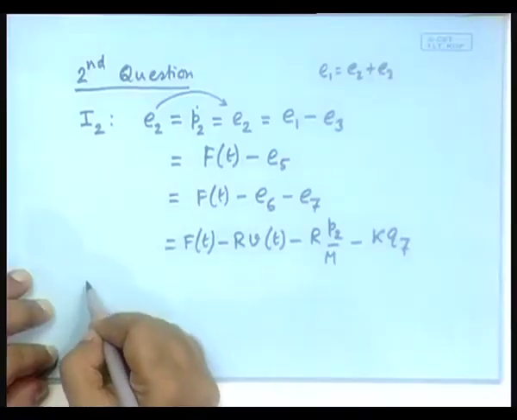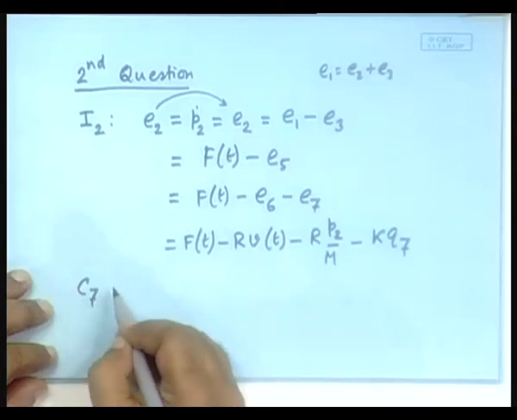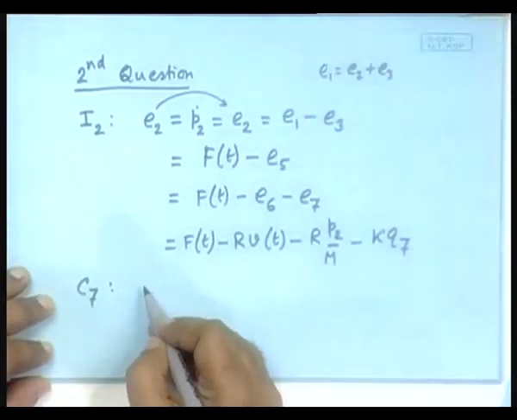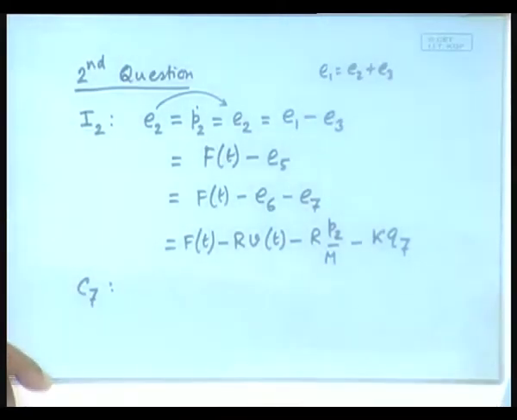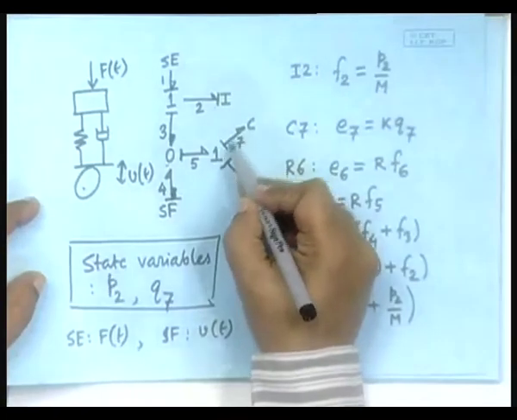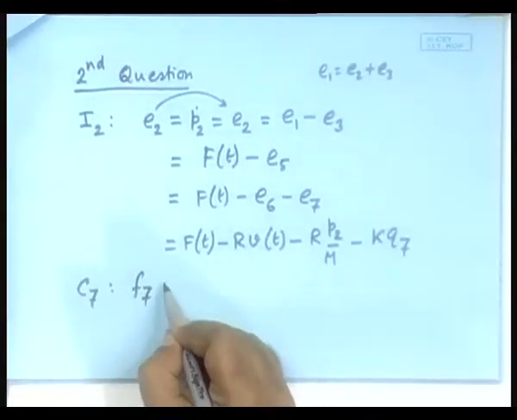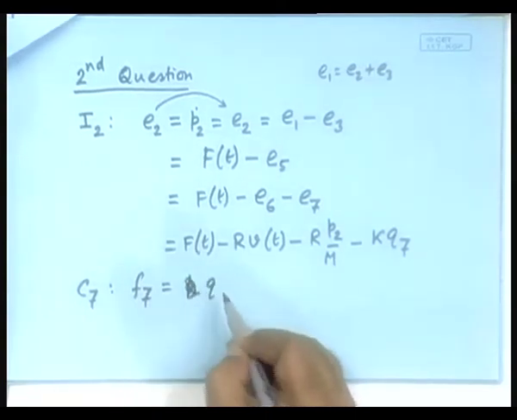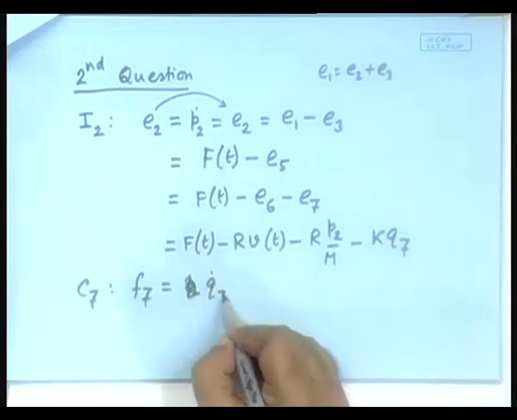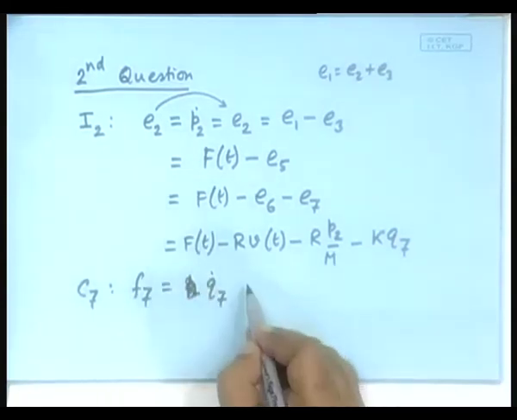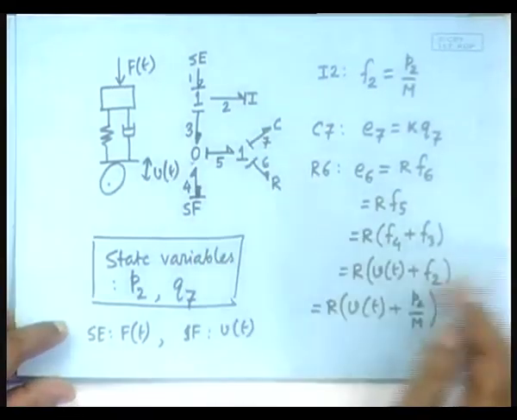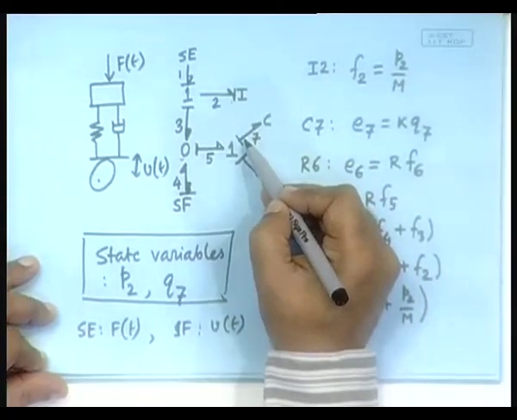Fine. Now, just do the same thing with respect to C7. C7 is the other. Its state variable is... what does it receive from the system? It is F7. F7, we express it as Q7 dot, and then put it in this side, F7, and then scout the bond graph to find out where this information comes from.